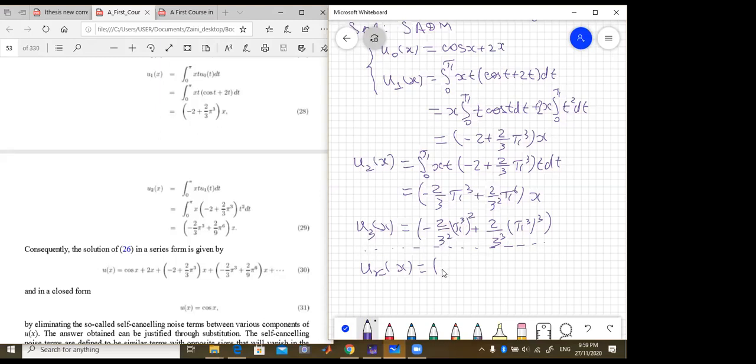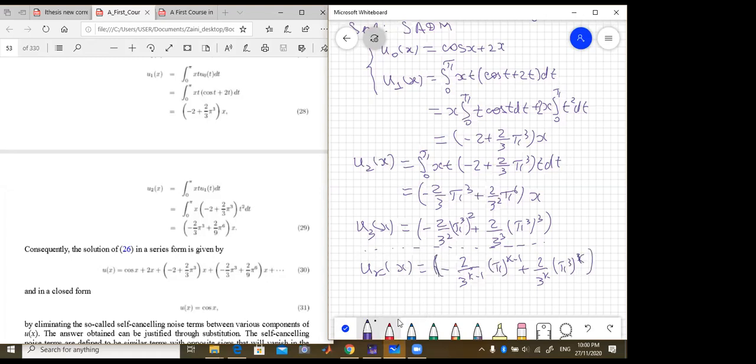So I hope if it is so, I can say 2 over 3 to the power k minus 1 pi cube to the power k minus 1 plus 2 over 3 to the power k pi cube to the power k. I think it is okay, correct.